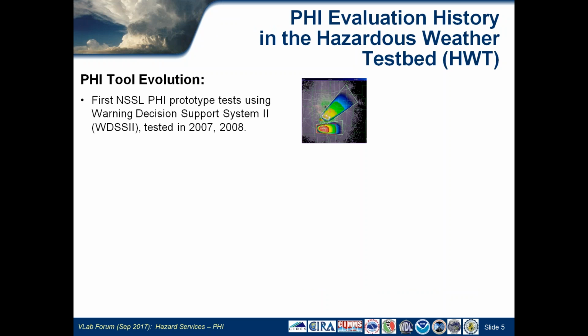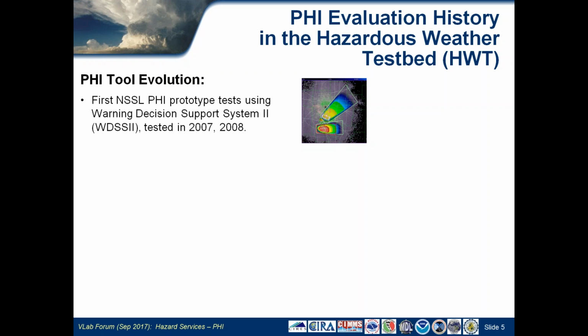So we've had a history of PHI that started out in Norman, and the first ideas for this were born around 2006 and 2007, and then those ideas were turned into the first semblance of prototype reality within the Warning Decision Support System 2, or WDSS-II, which was tested in the Hazardous Weather Testbed in 2007-2008, and there's a picture of what it looked like on the WDSS-II system back then.